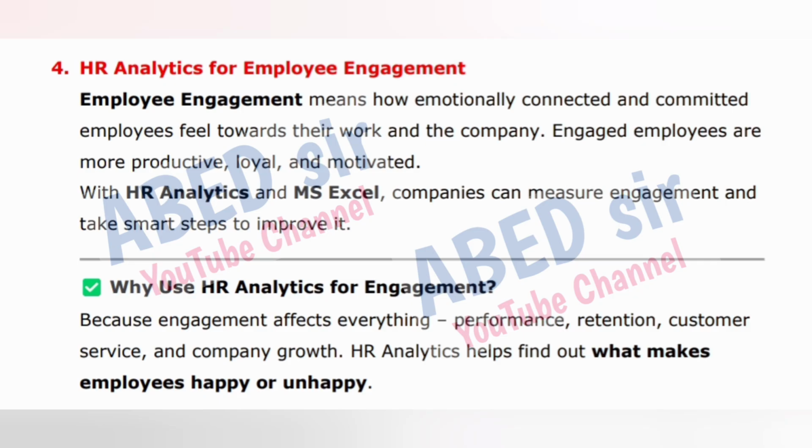With HR analytics and MS Excel, companies can measure engagement and take smart steps to improve it. Why use HR analytics for engagement? Because engagement affects everything: performance, retention, customer service, and company growth. HR analytics helps find out what makes employees happy or unhappy.